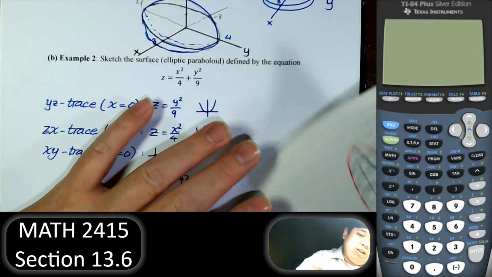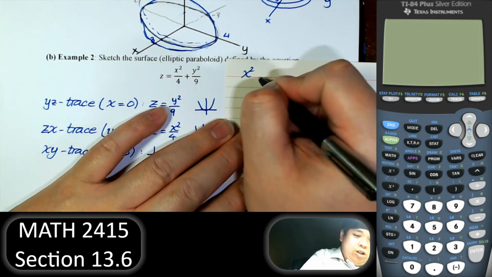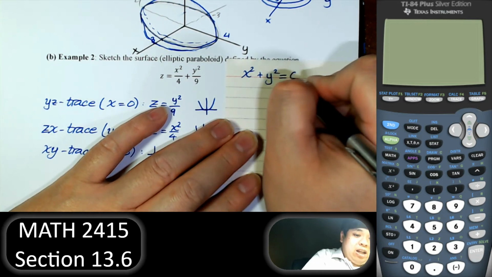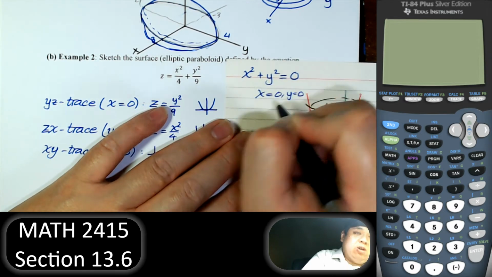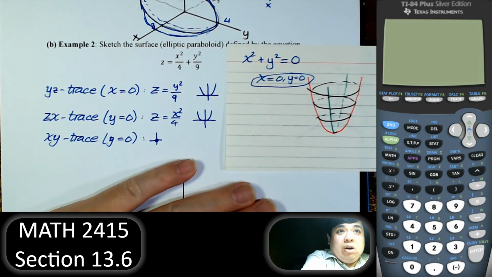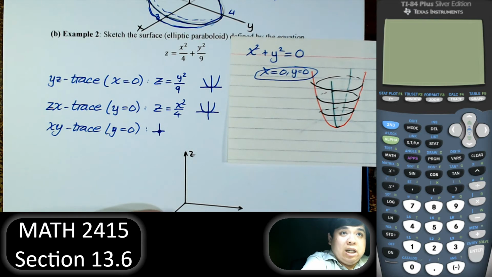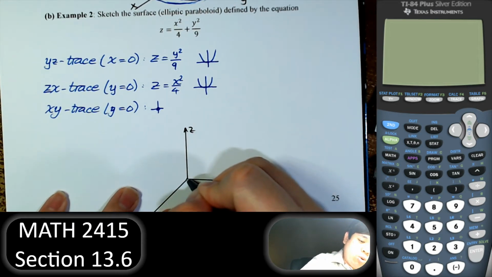If we have x squared greater than or equal to 0 plus y squared greater than or equal to 0, the only thing that makes it equal to 0 is x equals 0 and y equals 0. This is the only solution to this equation, because both of them are greater than or equal to 0. So the xy trace is just a point.